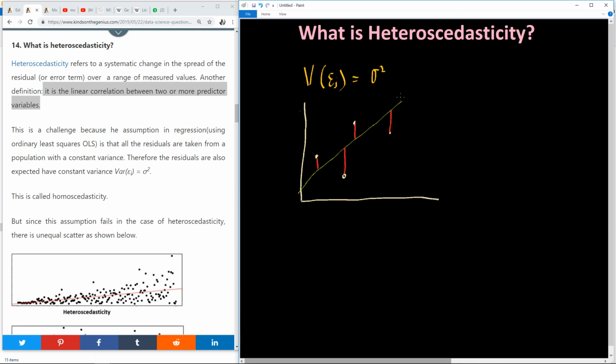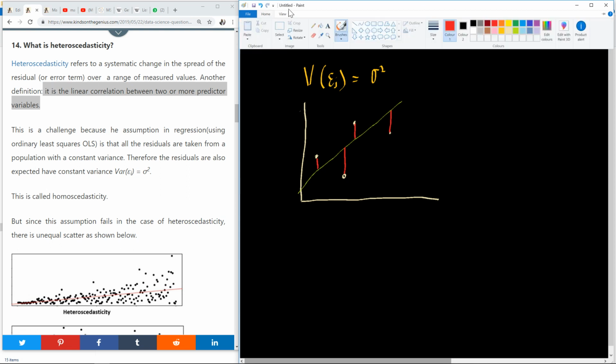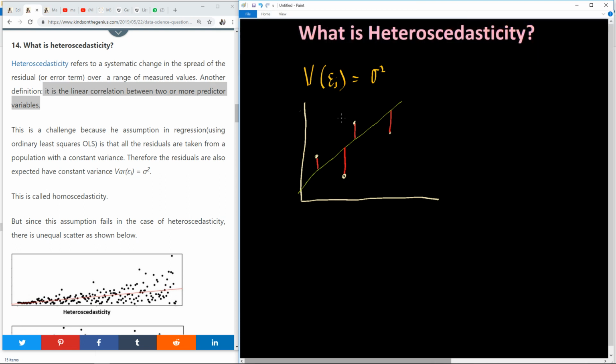If you continue to measure these error terms, it's expected that the variance in the error is going to be constant. So if you measure the variance for this region, it should also be the same as for this region.